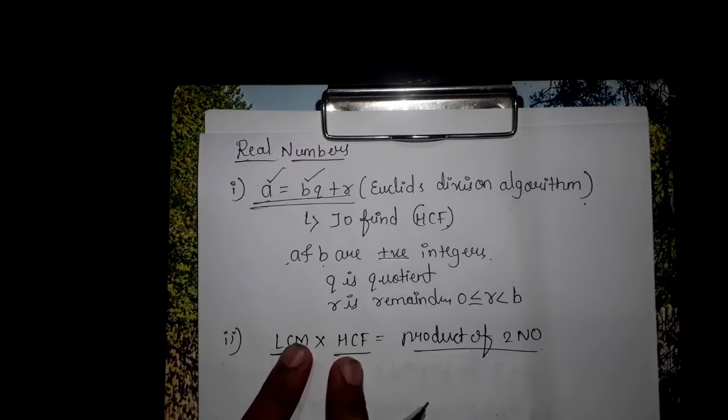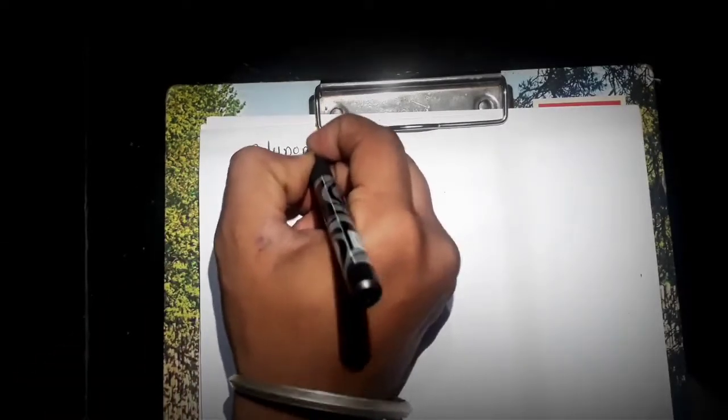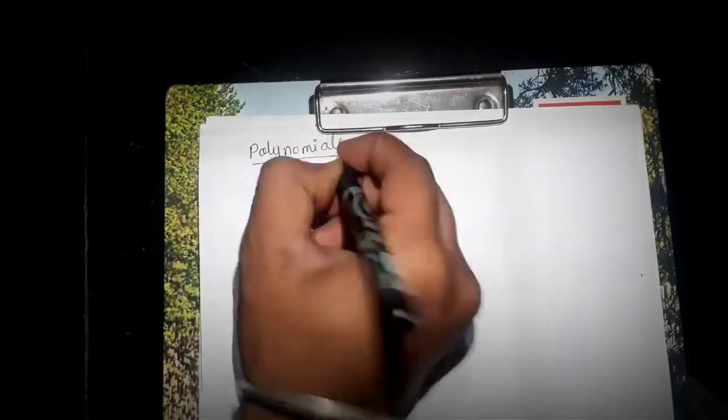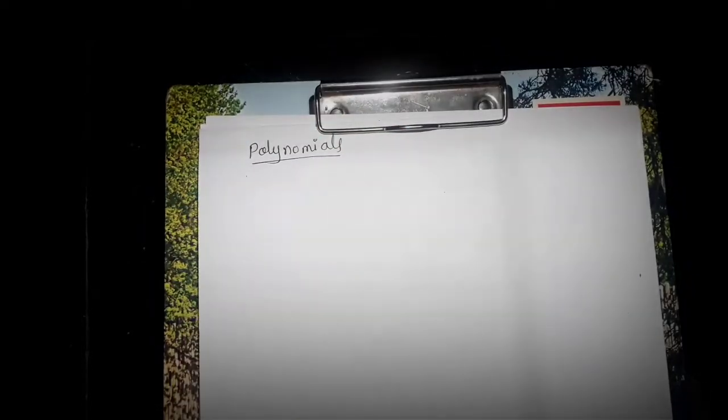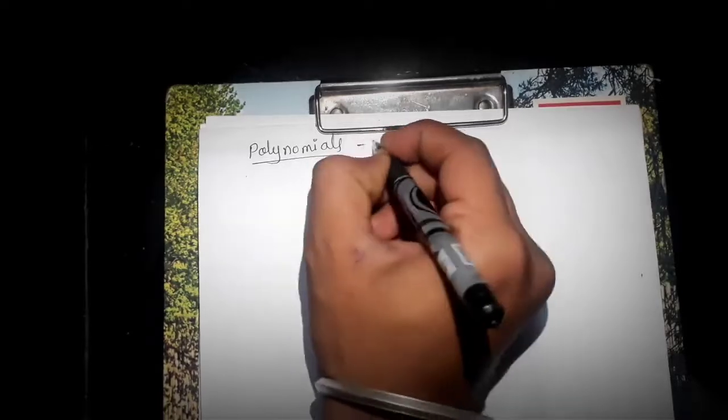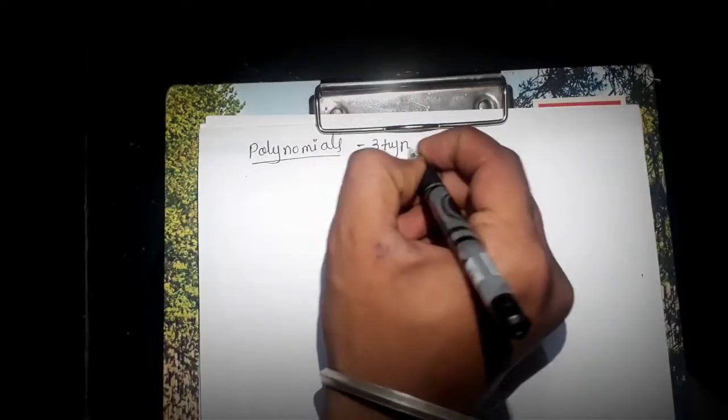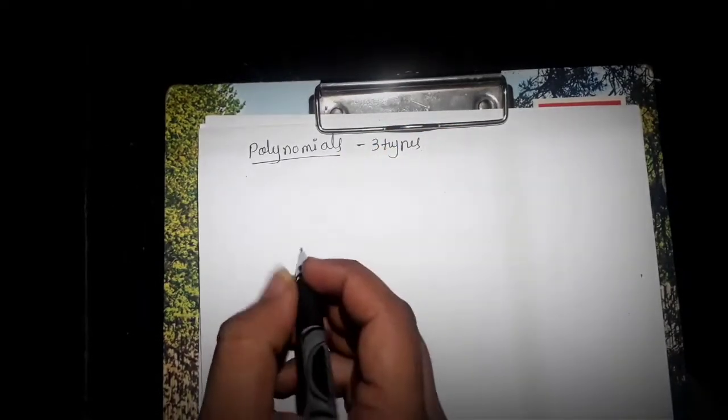Now let us go to the second chapter, that is polynomials. In this chapter, there are three types. Let us discuss one by one.